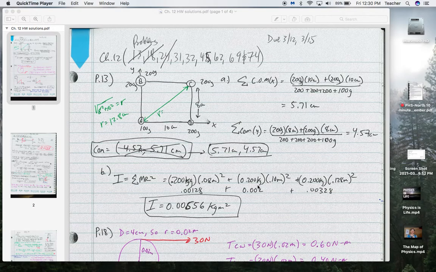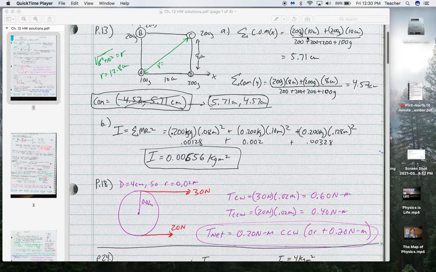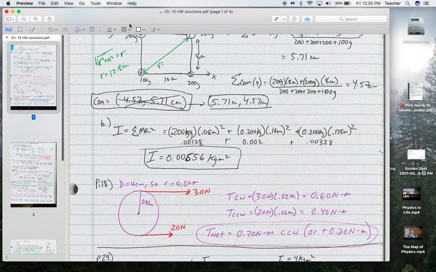D was 0.2 kilograms at 10 centimeters away. And C was 0.2 kilograms at this distance away, which I had to figure out, which was 0.128. The summation of all those gives me 0.656 kilogram meters squared as the moment of inertia.